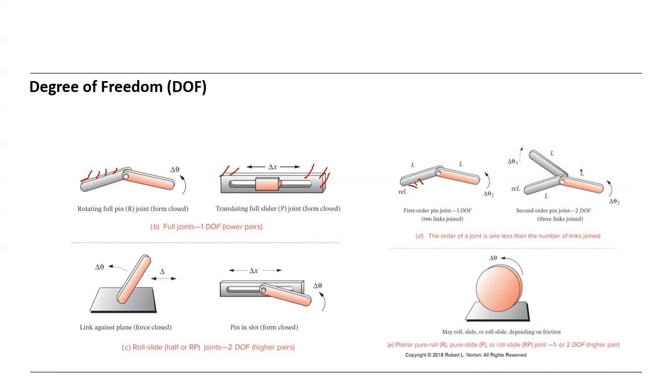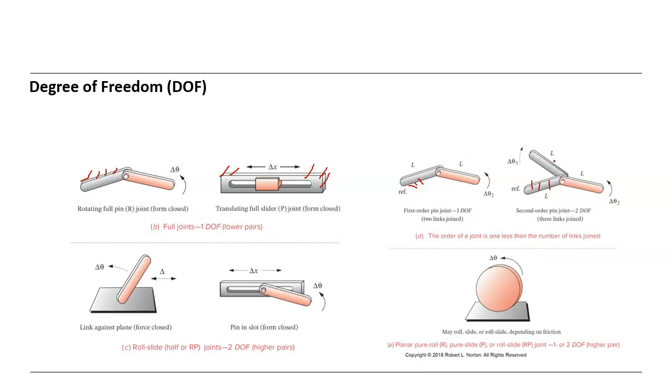And here we have different connections. We have two members connected to each other using one joint, a pin joint. And we have here 3 degrees of freedom. Because if we fix one of them, let's say this one, this can move and this can move. So this has 3 degrees of freedom, whereas this one has 1 degree of freedom.